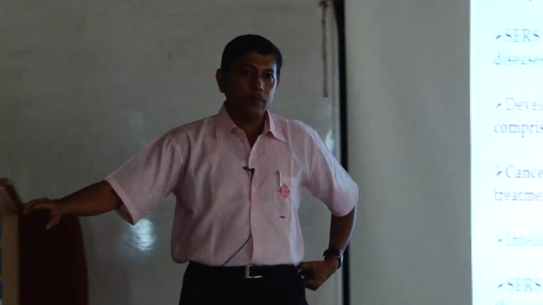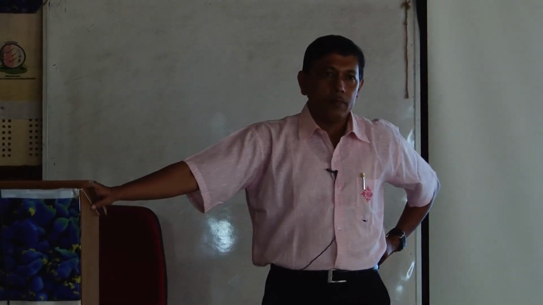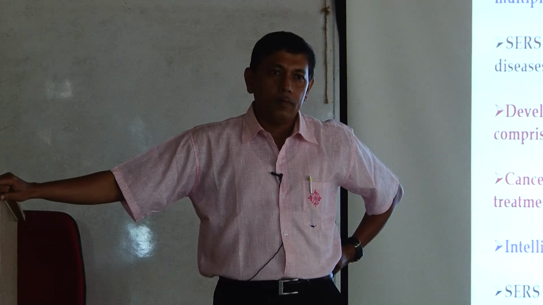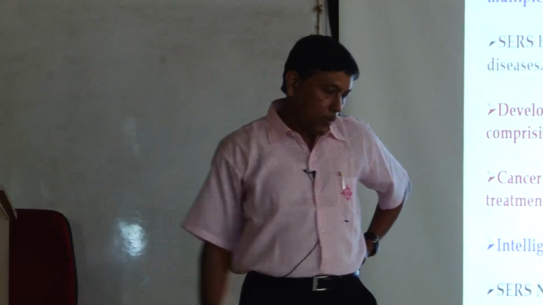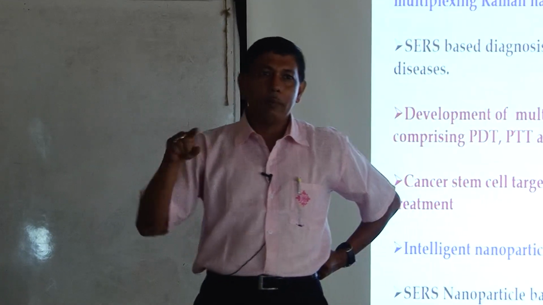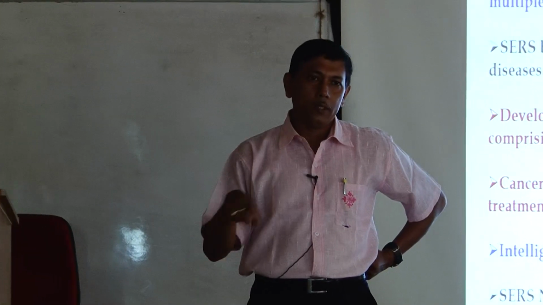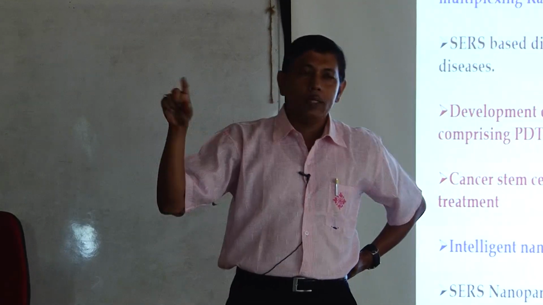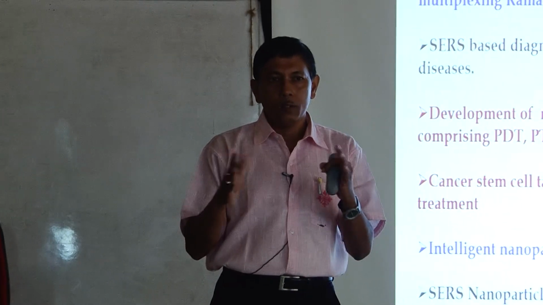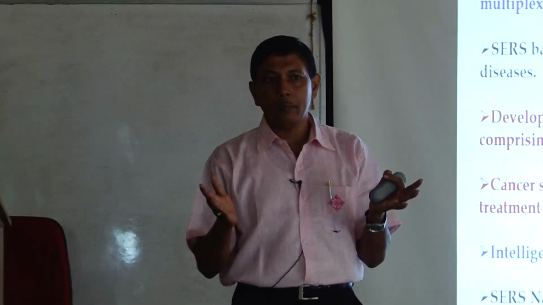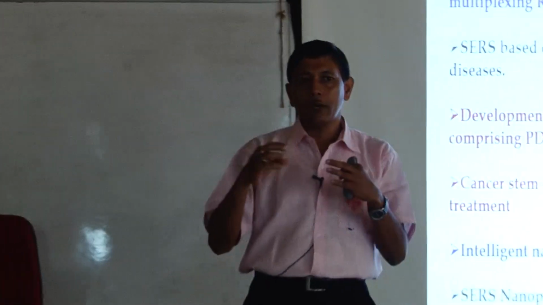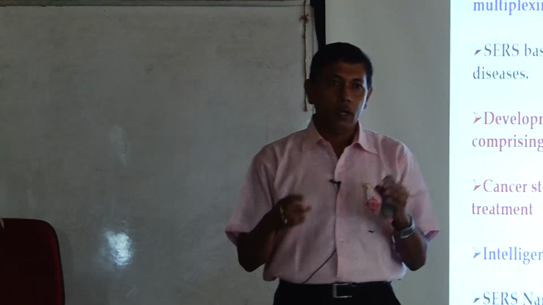Then in one of the slides, star-shaped gold nanoparticles are there. Is there any advantage with this particular shape? In the star shape, it has a lot of spikes. Maybe you can control the spikes: 3, 4, 5, 6. Once the number of spikes is increased, two things may happen. One, its surface area may be increased, and if you incorporate some Raman active molecules on it, you may generate more hotspots.